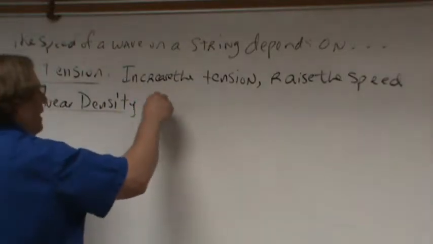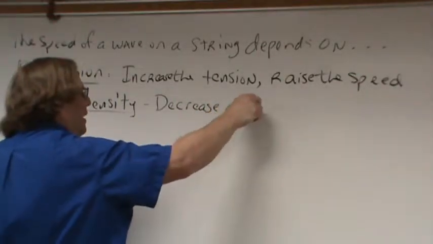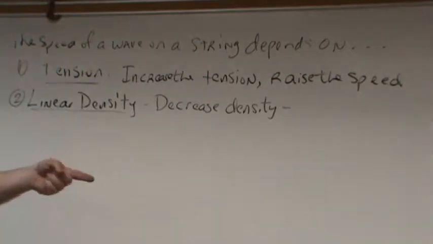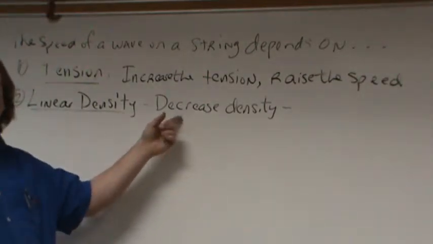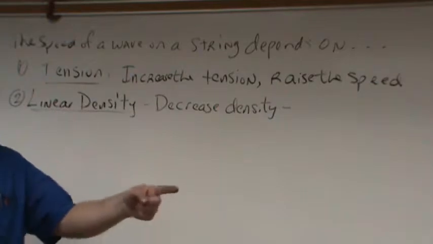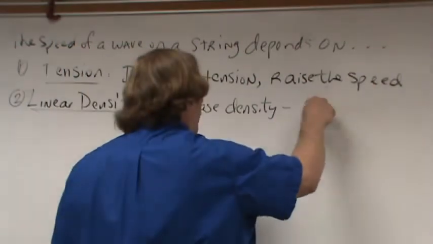And if I decrease the linear density by going from a steel spring to a cotton string, then what did I do to the speed of the wave? Did it get increased or decreased when I went from high density to low density? It got increased. Raise the speed.